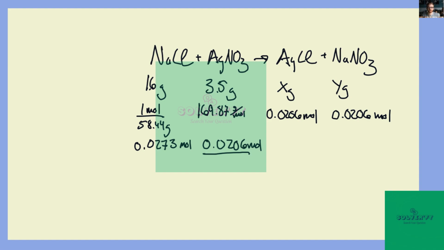So the molecular weight of silver chloride is 143.32 grams per mole. And for sodium nitrate, it's 84.9947 grams per mole.